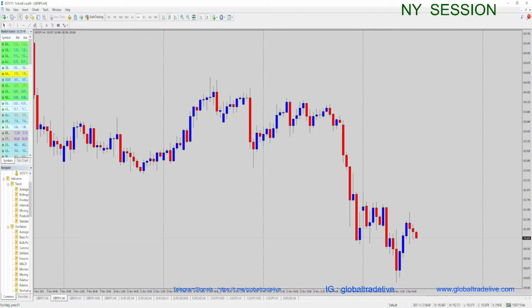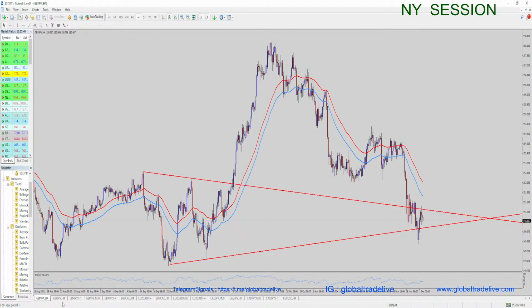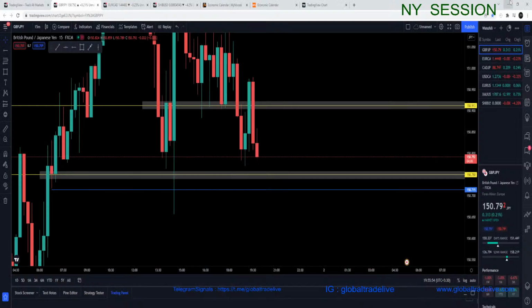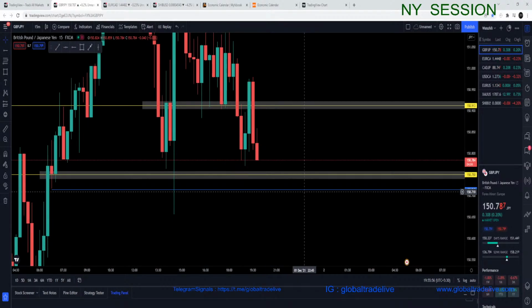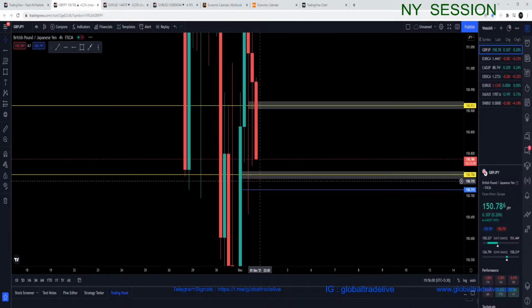But I really think it should be moving up. I'm gonna mark the low of the 4-hour candle.